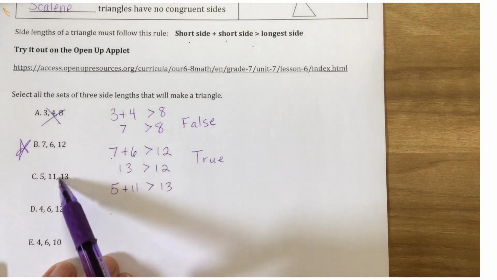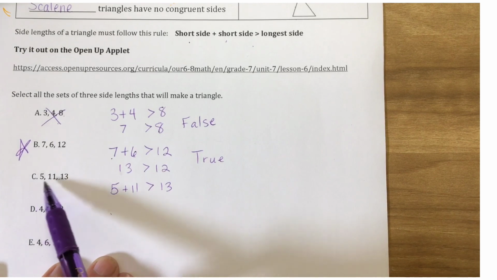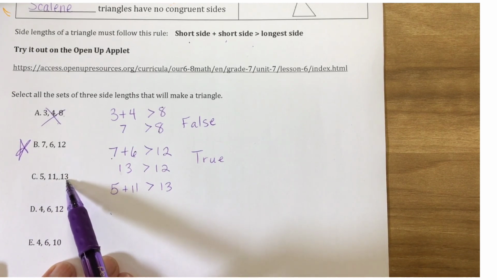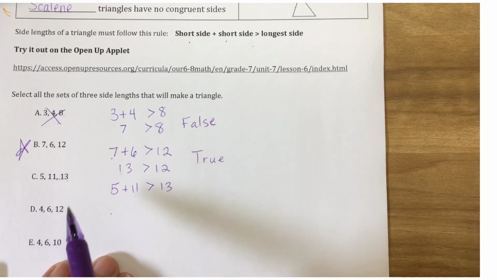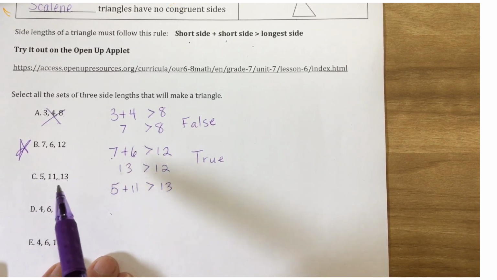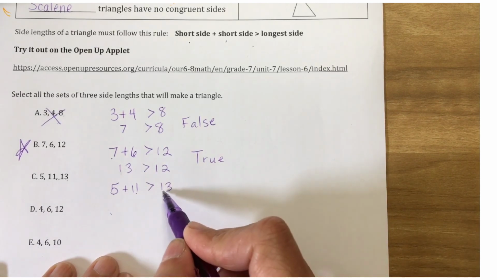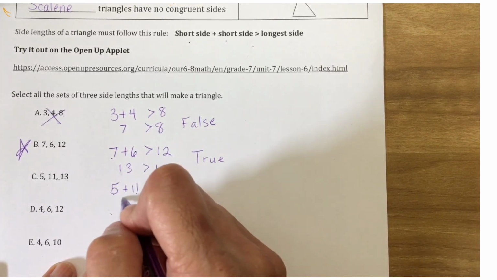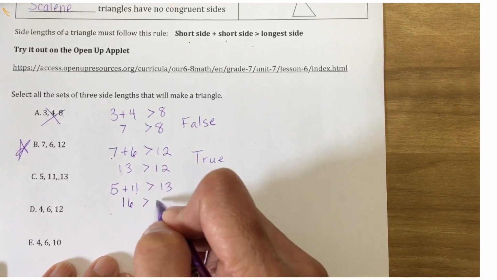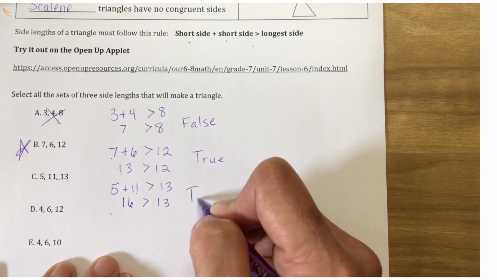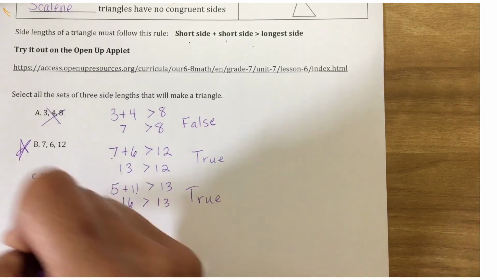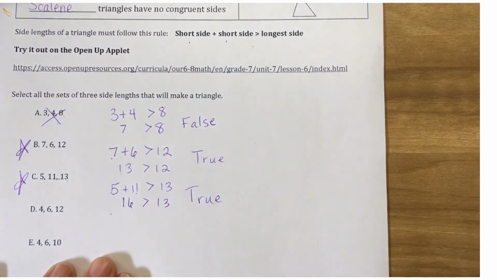Now these all give you them in order, the two short sides and the long side. You have to watch out on any quizzes or whatever you're working on to make sure that they're not mixing them up. So two short sides, is it greater than the long side? 5 plus 11 is 16. That is greater than 13. So this is true. C works.